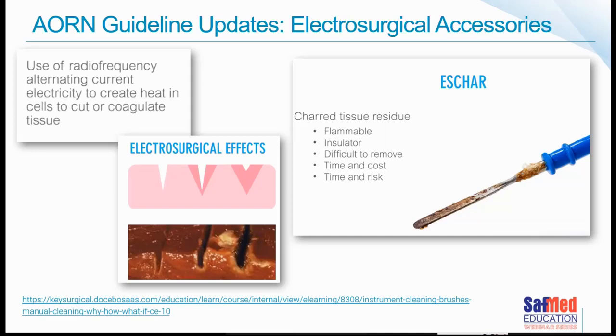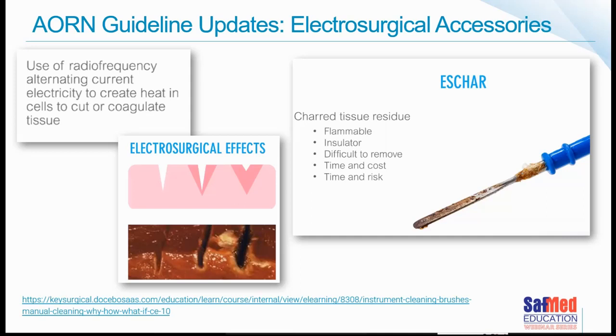So if you look at the little image that I've just put up now, you can see how nicely a clean blade will cut. That's the first incision, one with a little bit more charring and one with even more charring. So the more charring that's sitting on the forceps itself, the less effective the device is, the more the potential for it to be flaming. I think the more smoke it creates, which of course, as we know, is harmful.